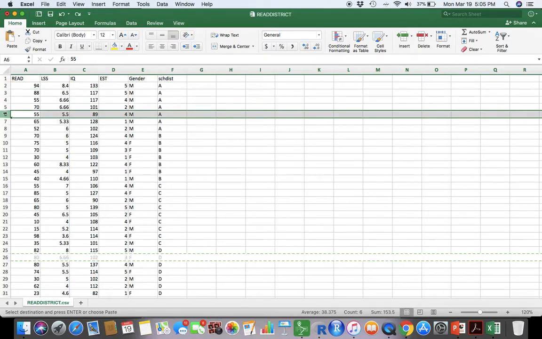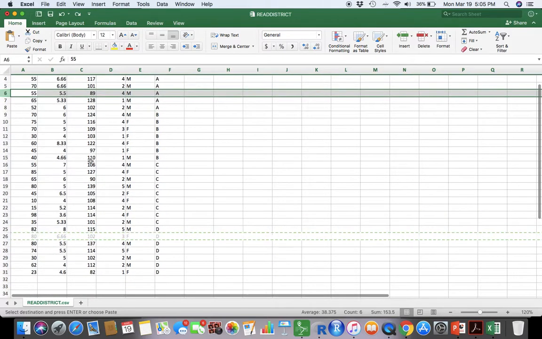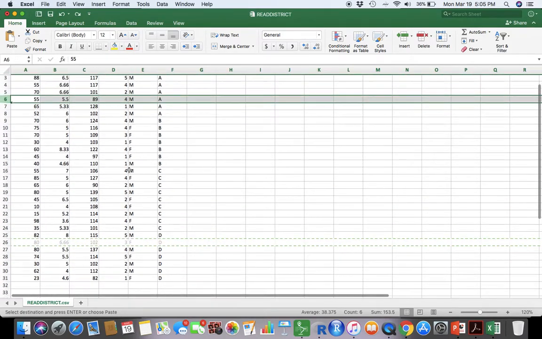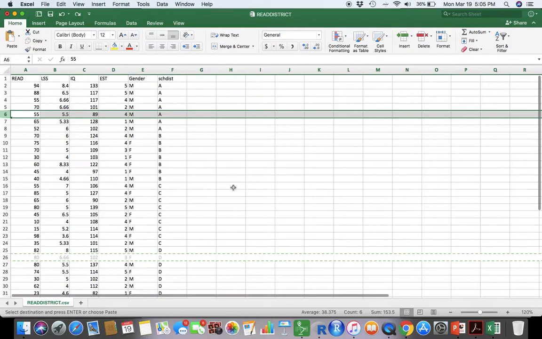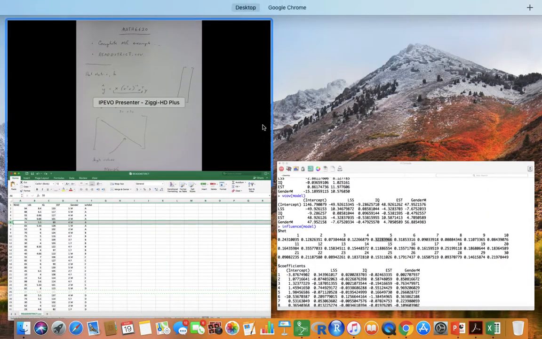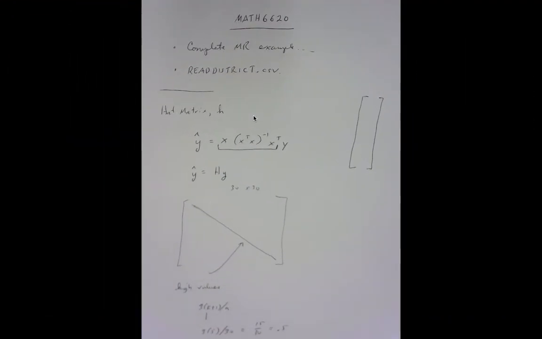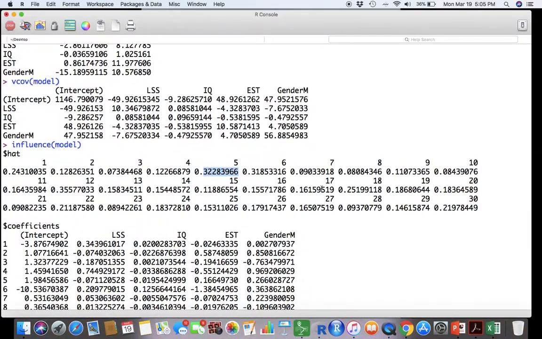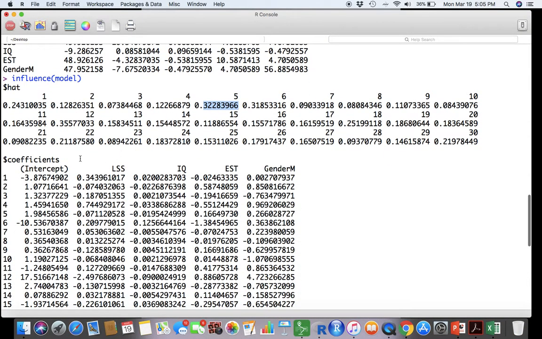So this person right here, male with an IQ of 89, which is one of the lower IQs, other than this one at 82. But anyway, this particular person has a lot of influence on our model, but not so much that we're concerned about it. The next thing are the dollar sign coefficients.